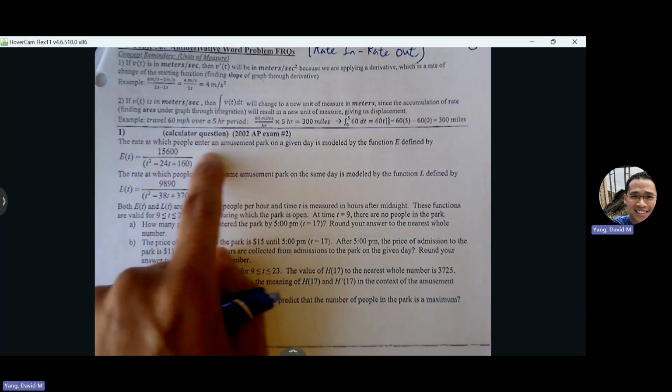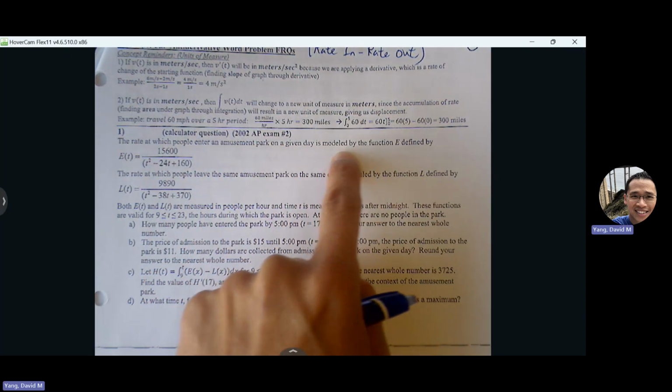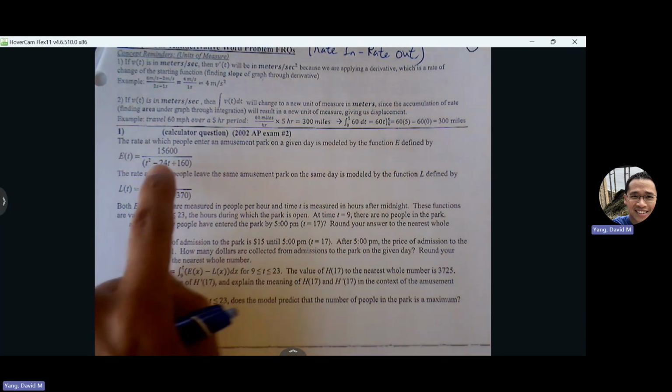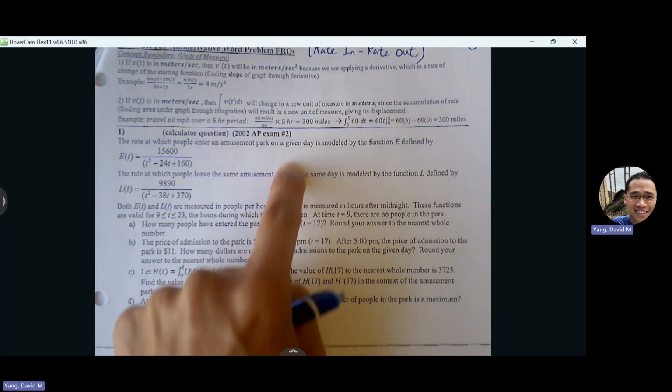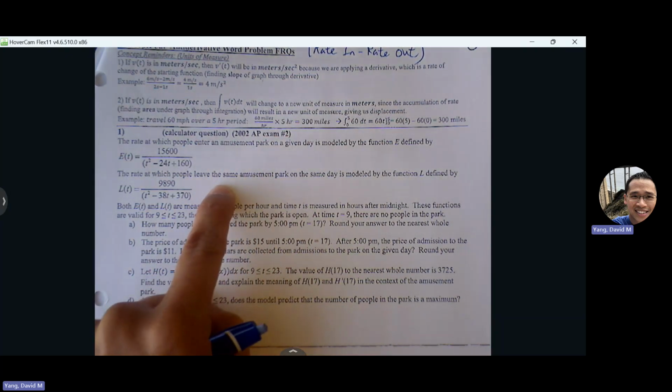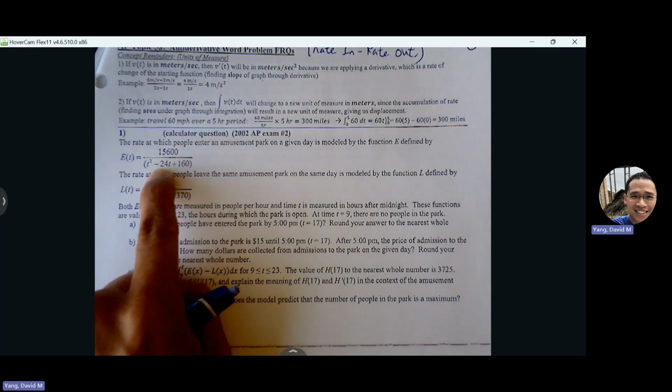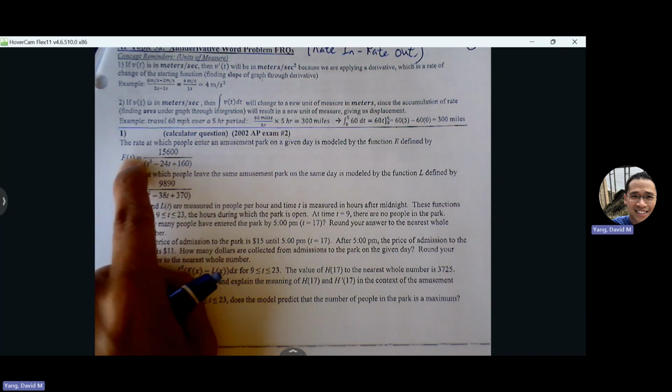Okay, so the rate at which people enter an amusement park on a given day is modeled by the function E of t. So let's just assume that this is like Six Flags or something on a normal day. Your E of t will indicate the rate at which people are coming in, and normally on a summer day, your rate of people entering the park is going to be pretty high at the beginning of the day, right?